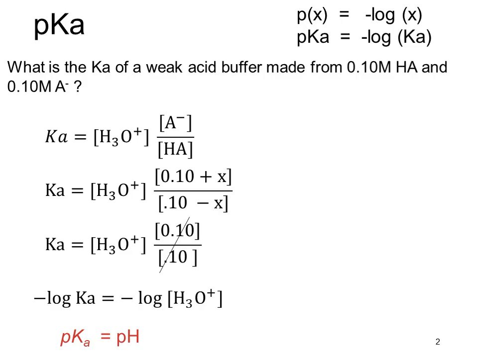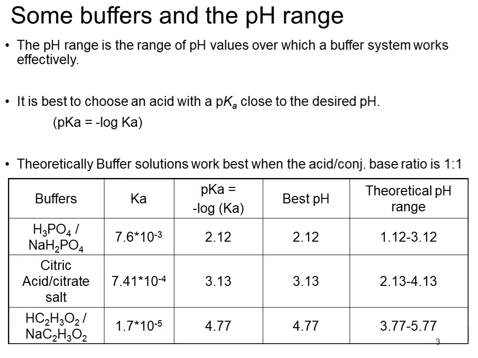And so by taking the pKa of the acid in a buffer system, you immediately know what pH this buffering system will work best under. So let me show you what I mean. If we've got a buffer, for example, of phosphoric acid and sodium dihydrogen phosphate, the Ka of this system is 7.6 times 10 to the negative 3, which means that you'd have a pKa of 2.12.